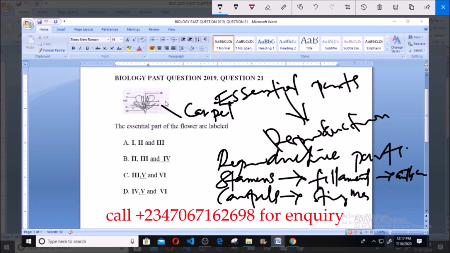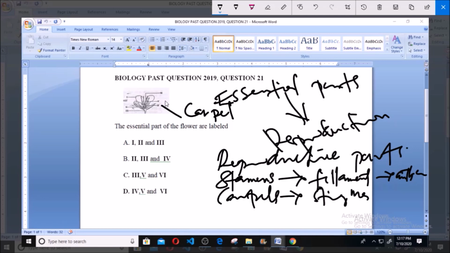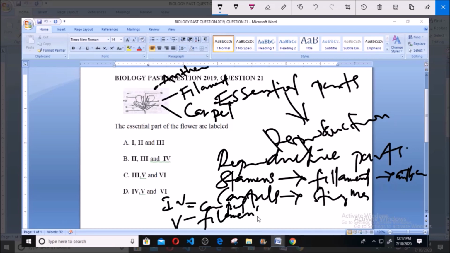Now all these three listed parts are reproductive parts of a flower, hence they are the essential parts of the flower. So our answer will be D. So D is the correct answer.